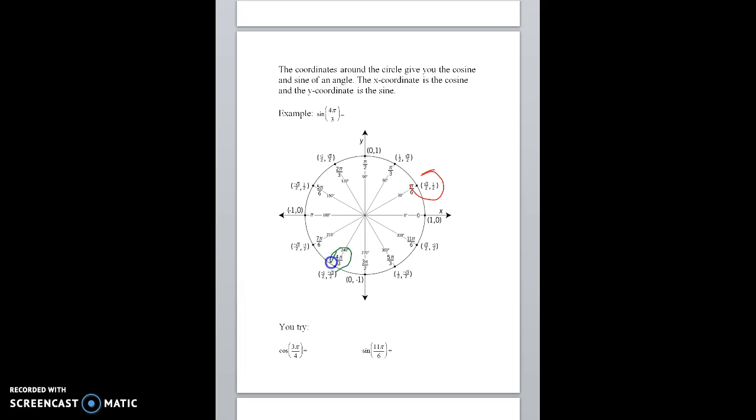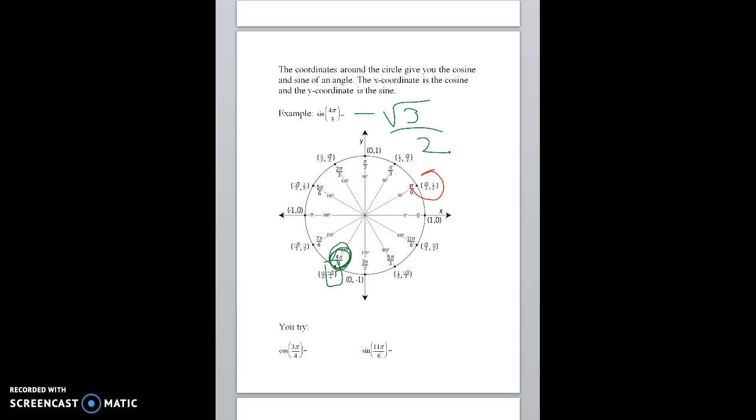It's right here. And since I'm looking for sine, I want the y coordinate. So the y coordinate right here is negative root 3 over 2. So the sine of 4 pi over 3 is negative root 3 over 2.